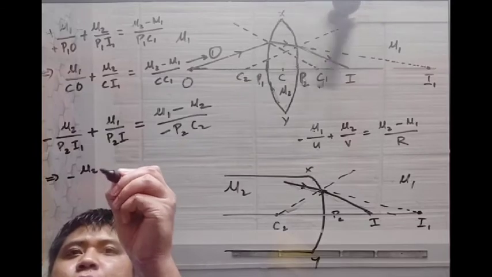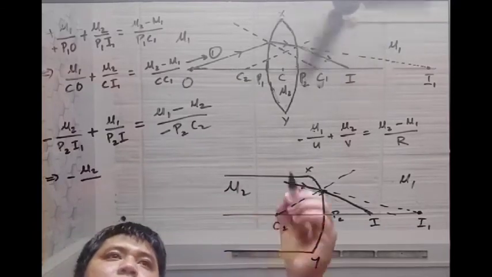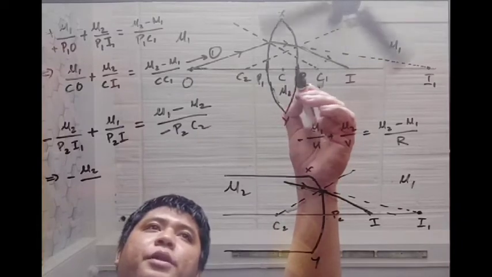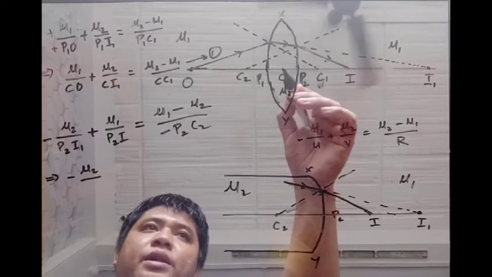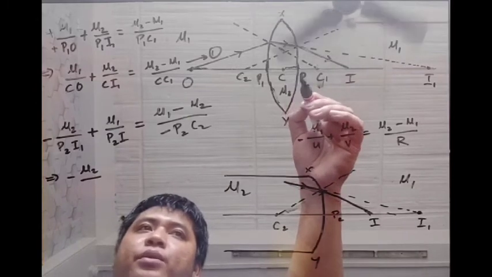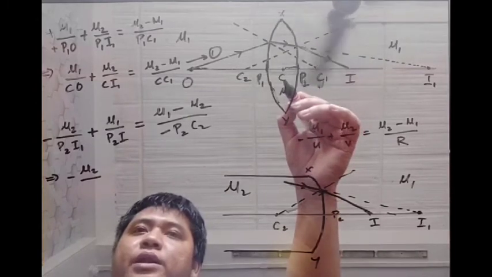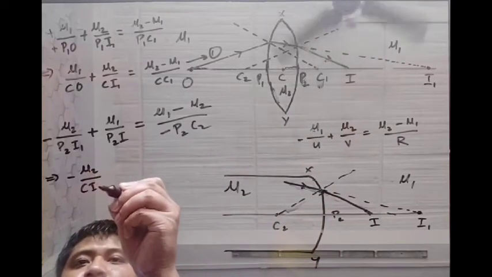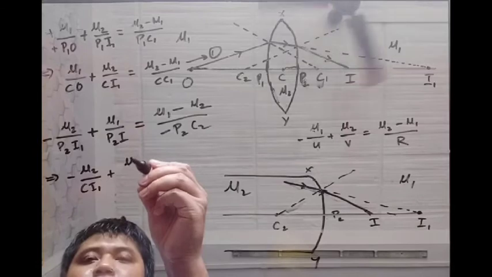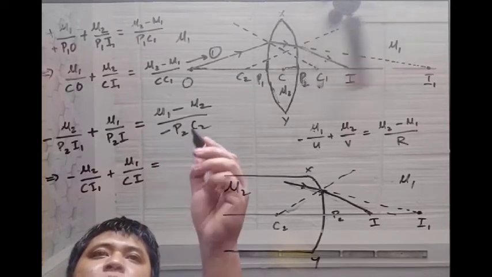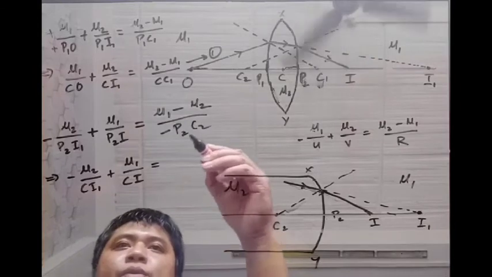Then we have minus mu2 by p2 and c. The distance between p2 and c is very small. We neglect this small distance and we replace p2 with c again. So CI1 plus mu1 by CI equals mu1 minus mu2.